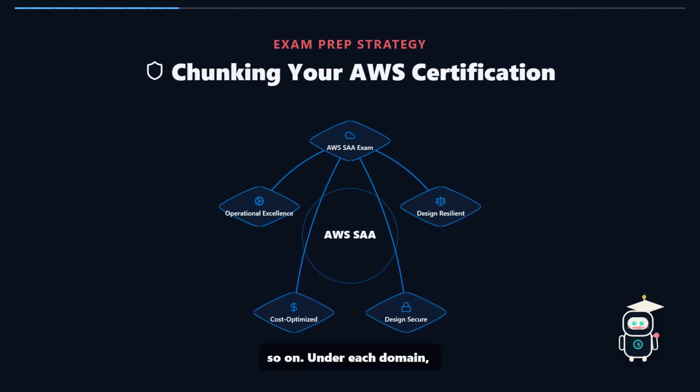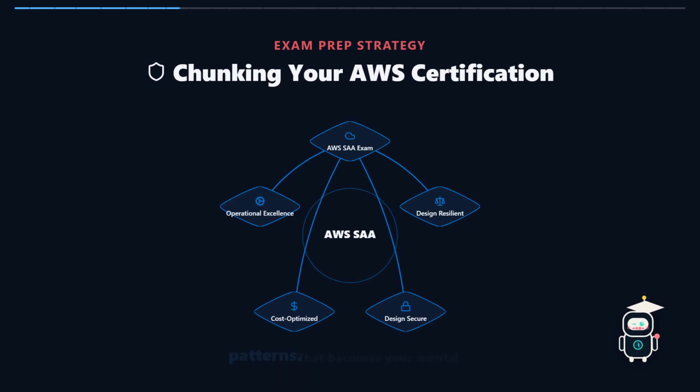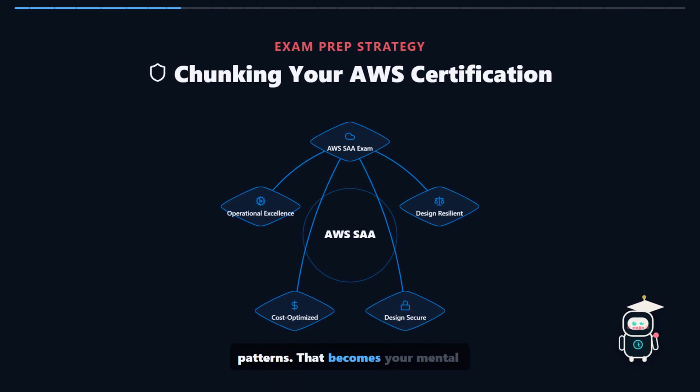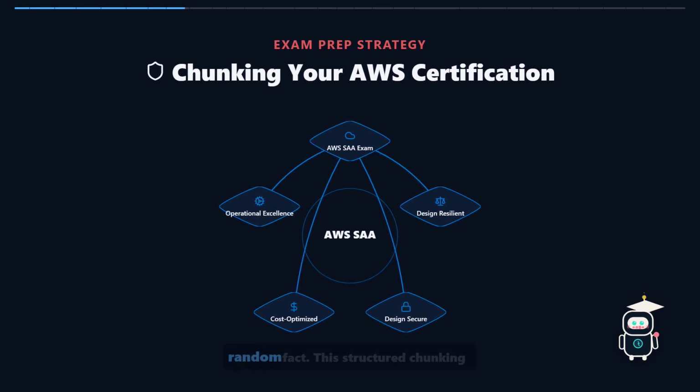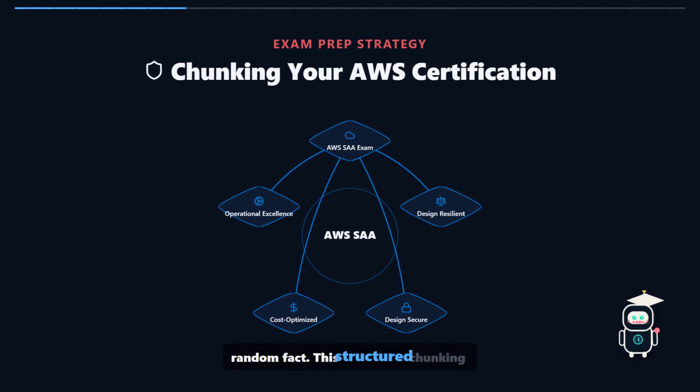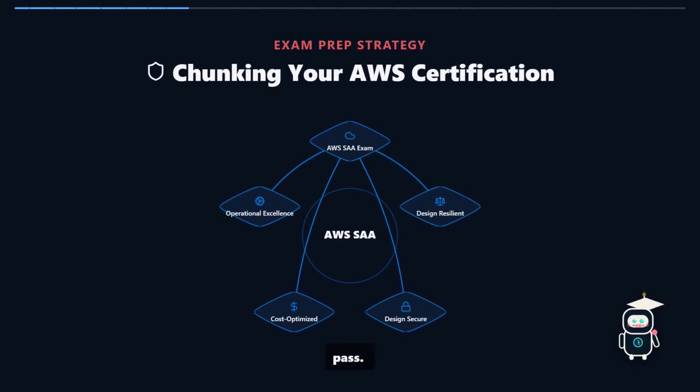Under each domain, group the core services and patterns. That becomes your mental map. When a question hits on auto-scaling, you instantly pull from the resilient chunk, not a random fact. This structured chunking is what turns months of scattered study into a first-attempt pass.